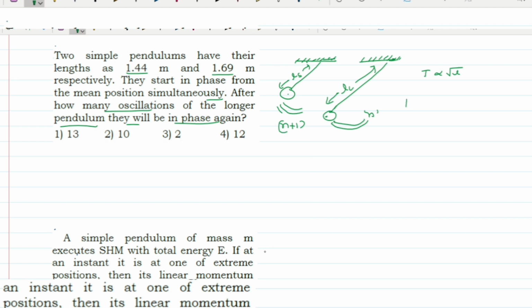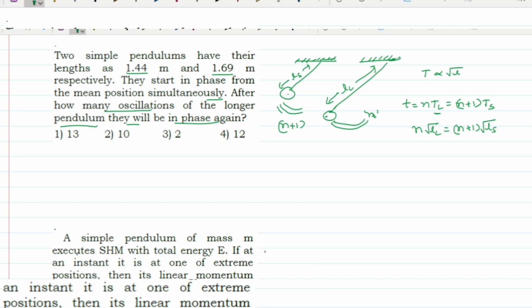So when comparing time, they will again be in the same phase after n oscillations, meaning n times the time period of the longer pendulum equals n plus 1 times the time period of the shorter pendulum. Time is directly proportional to root L, so n into root of the length of the longer pendulum equals n plus 1 into root of the length of the shorter pendulum.